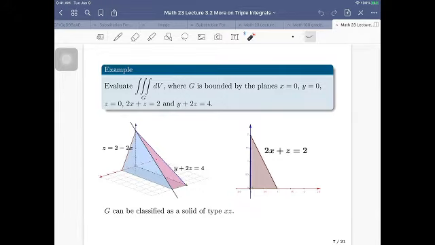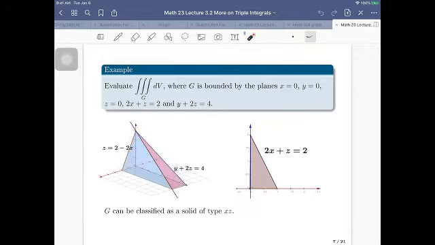So the floor function will be the same projection region, and the ceiling would be the pink surface. So at any point xz, it is always the case that the lower limit will be from this surface and the upper limit will be from this surface.